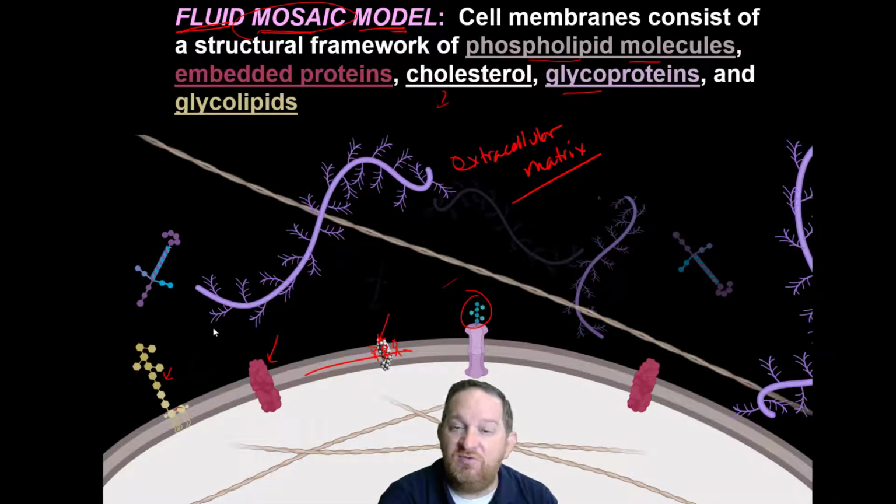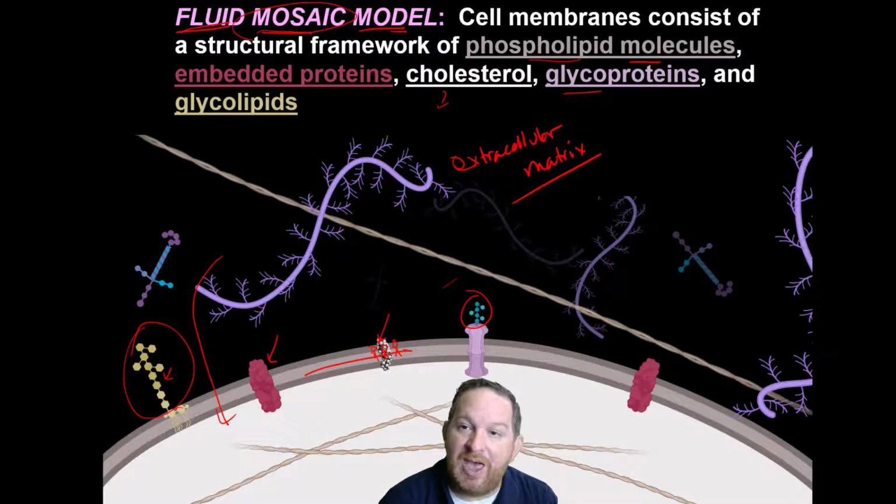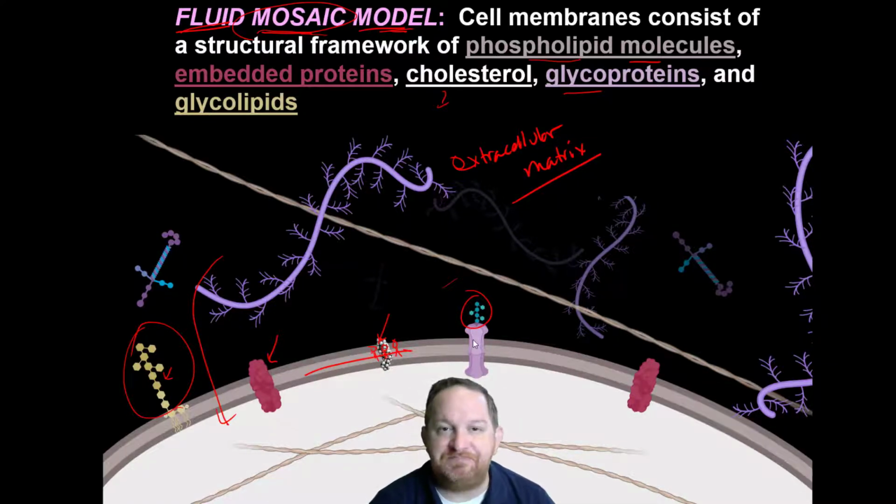A lot of these are involved in transport and reception of things, right? Some things might need to come in, and they might be looking for the antenna. They might be looking for a receptor or something to attach to and come inside the cell. So there is a large mosaic model of everything going on around the membrane.